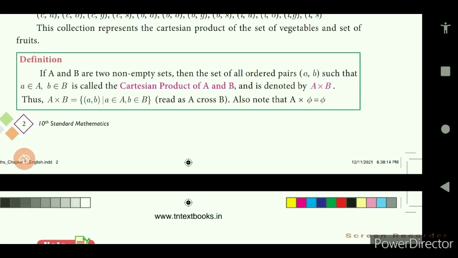How is it represented here? A cross B is equal to the set of (a, b), because we are taking one element from set A and another element from set B, such that a belongs to A and b belongs to B.